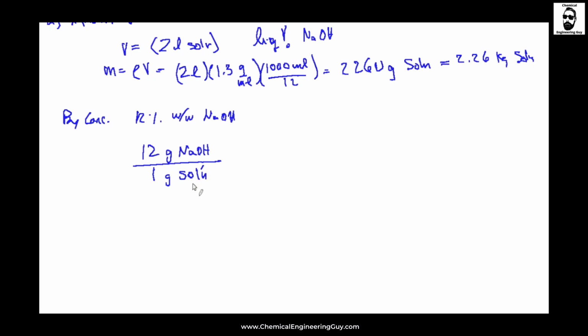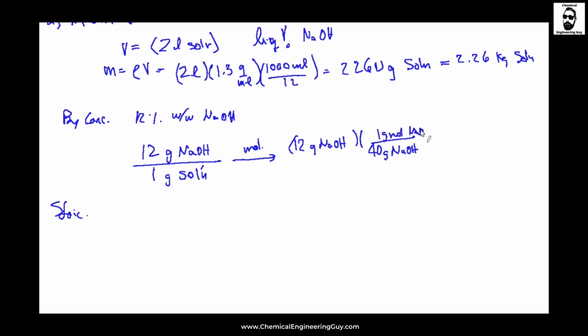I don't want that, I want moles, so we can relate it for stoichiometry. NaOH weighs 40 grams per gram mole.